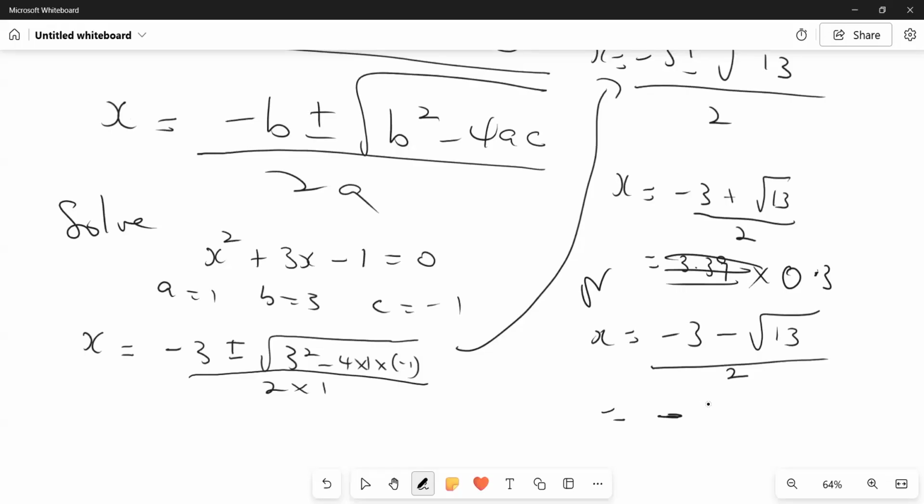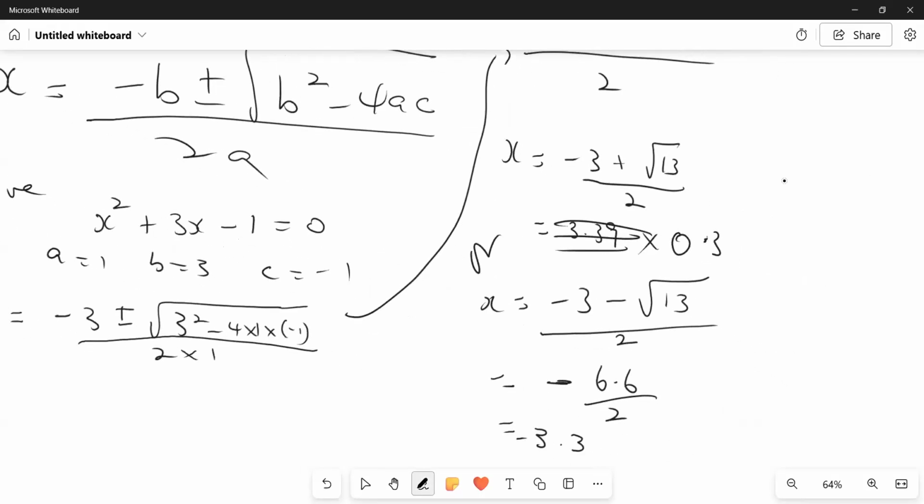You'll get 6 point something over 2, right? 6.60. Good. Divide by 2 now. Now you get what? Minus 3.3. Good. So your answer: x equals 0.3 or negative 3.3.